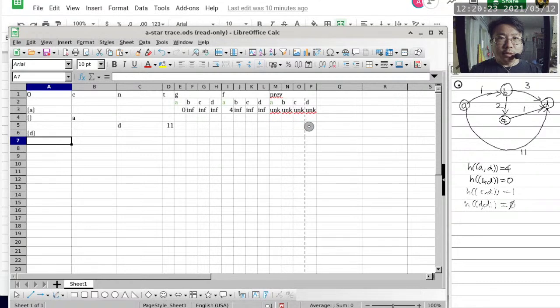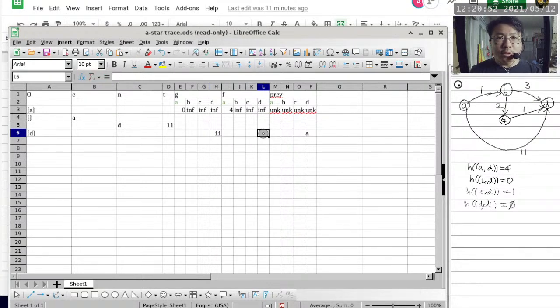So the previous of D, in order to represent this path, the preceding vertex to get to vertex D is going to be vertex A, so we put A over here. And then we update G of N to be just T, because remember T is representing the length of this new path. Since this new path is the shorter path, we update the G value to the value of T.